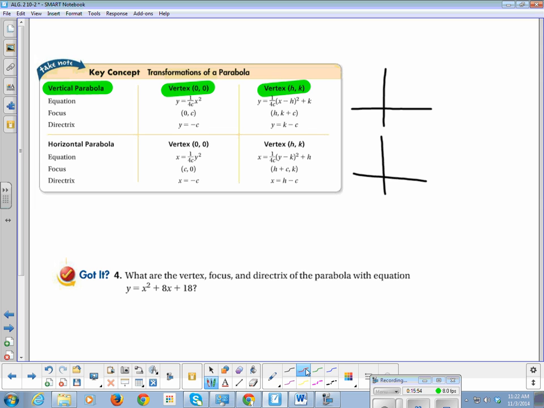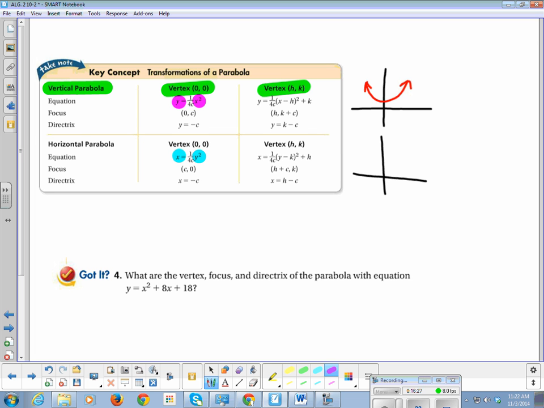So a vertical parabola is like the ones we've been doing before. They're either going to be smiley face or frowny face. The horizontal parabolas, the only difference between the two is the x and the y switch. So when you look at x and y, they've switched from when they were up here.